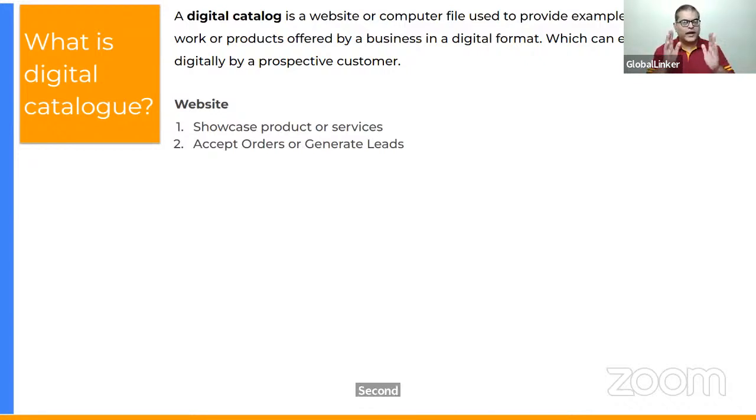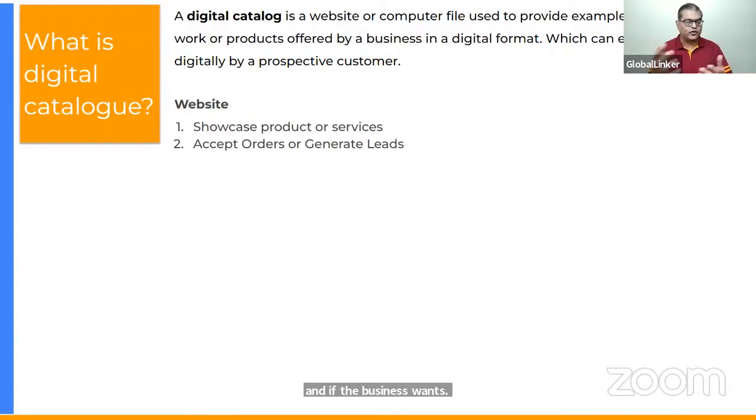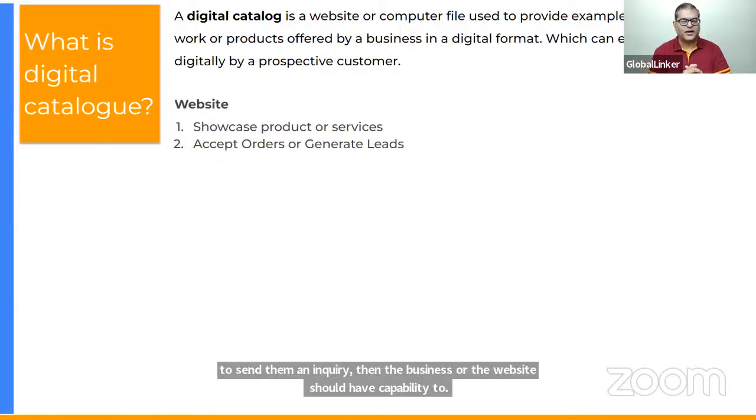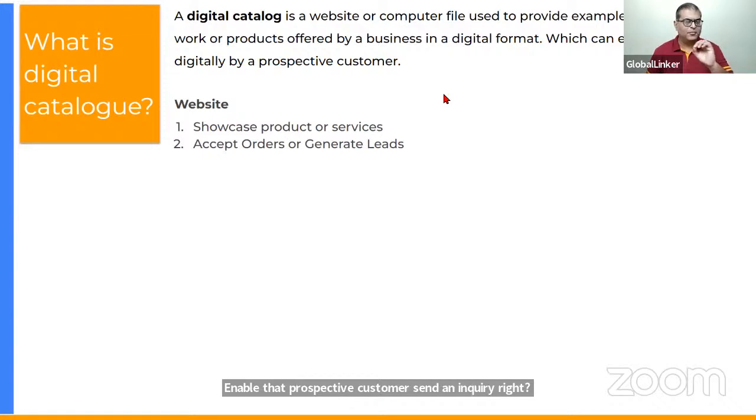So the website should have the capability that if there is a potential customer that comes across that website and they are interested to do business with them, and the business wants them to place an order, the website should have the capability to accept an order. And if the business wants them to send an inquiry, then the website should have the capability to enable that prospective customer to send an inquiry, right? So that is this second capability that makes a website a digital catalog.